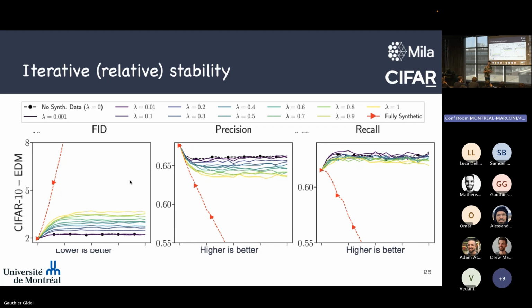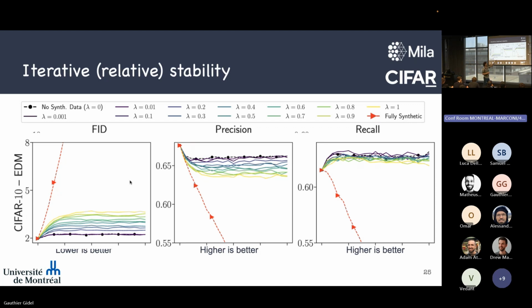And to answer your question, Ariane, there is no improvement by doing iterative retraining, but you stabilize. You don't diverge and collapse to something bad, but you have a FID in the good range of acceptable. So you don't improve, but you don't collapse.